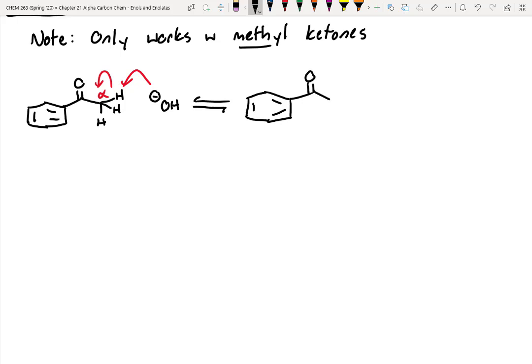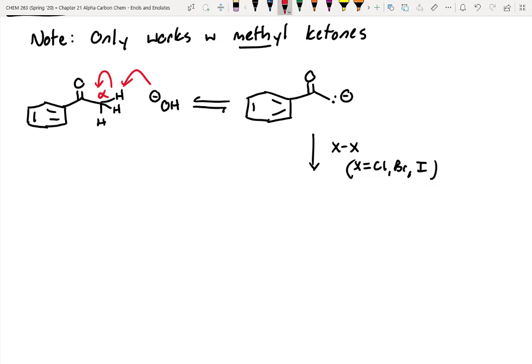And when we do this, we're going to end up with a negative charge. And this negative charge can then react with some sort of halogen that's in solution. And this could be chlorine, bromine, or iodine, right? So it has to be elemental. In lab, what we saw was we were able to use bleach to produce a small amount of elemental chlorine, but this would also work if we use bromine or iodine.